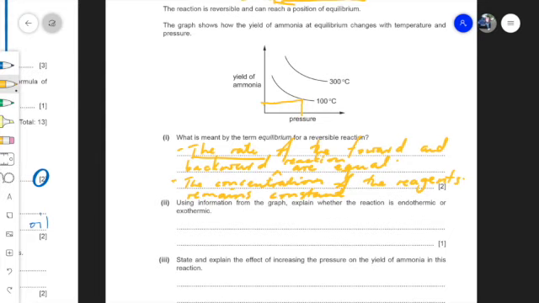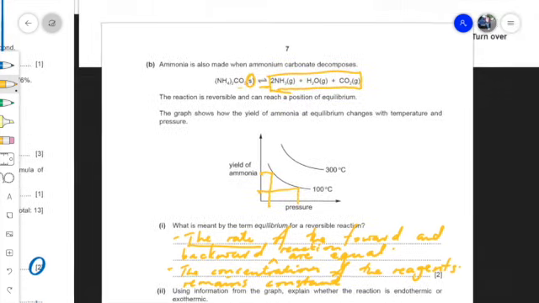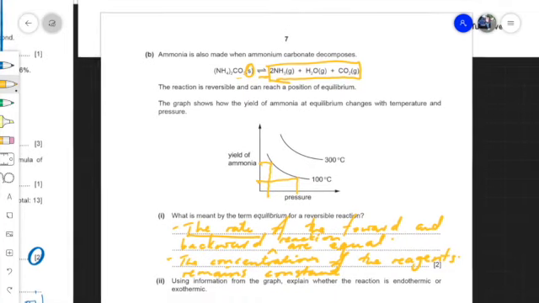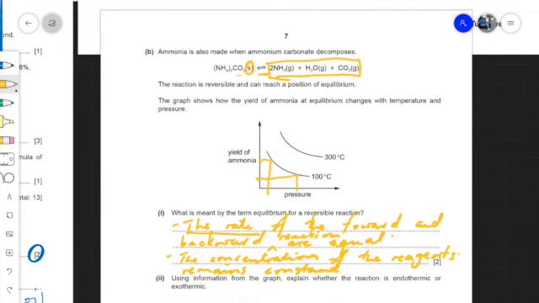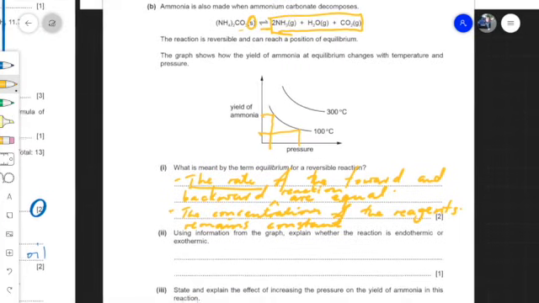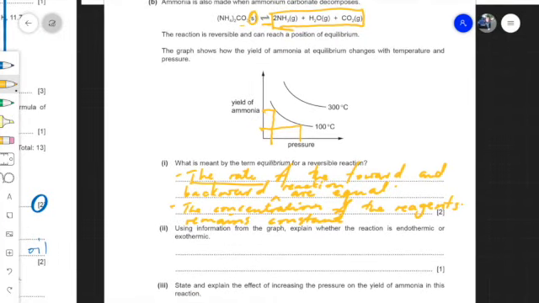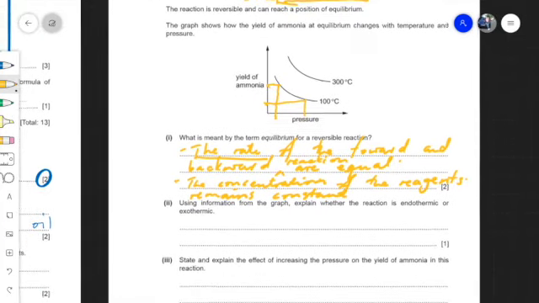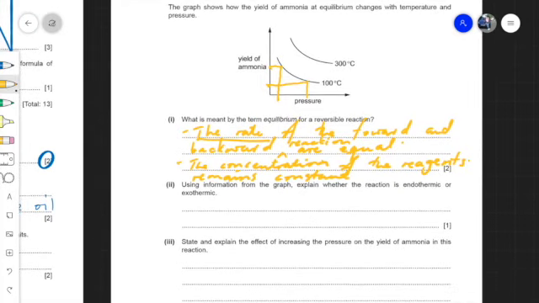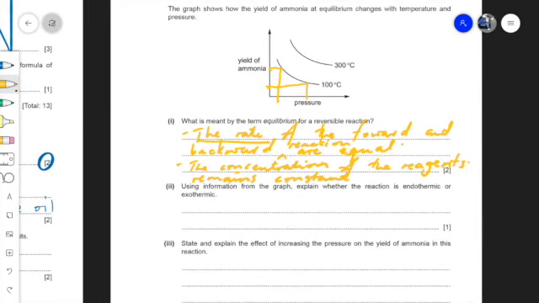But at low pressure, the yield is high, and this is understandable, right?